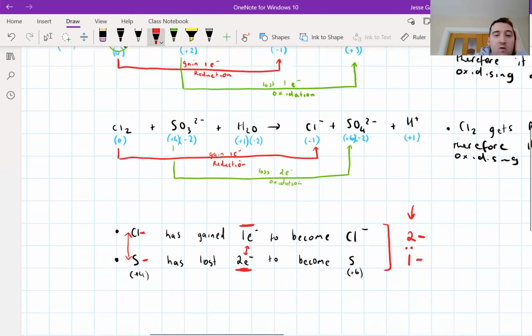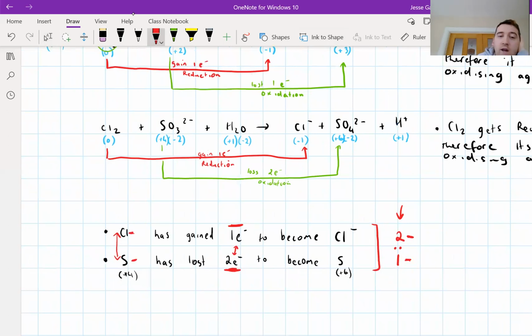So let's go to our original equation. We need 2 Cls, but if you look here, we've actually already got 2 Cls in this original equation.